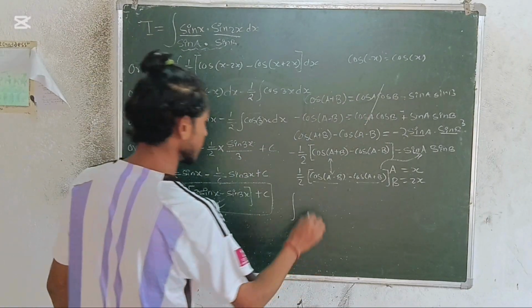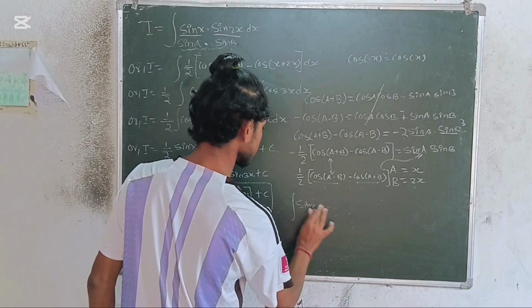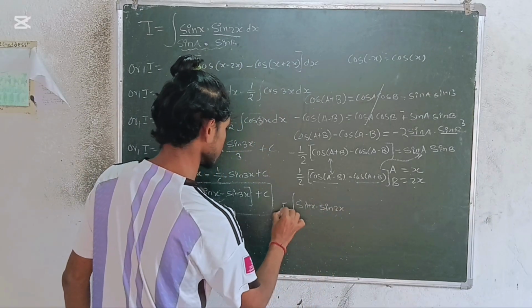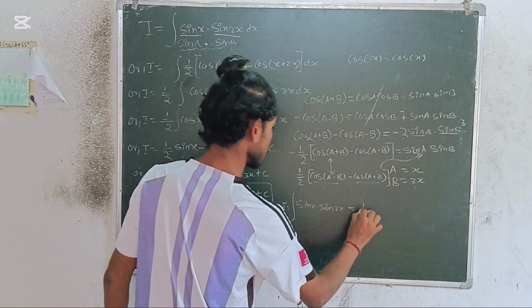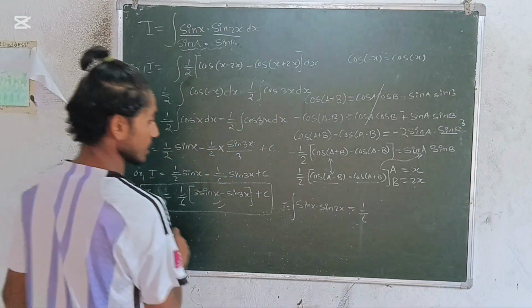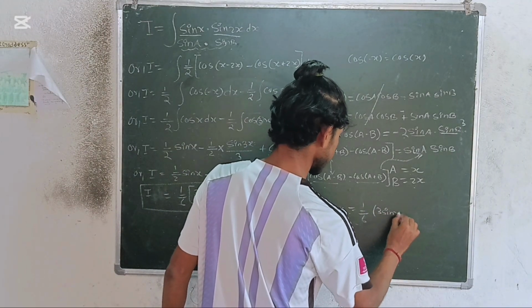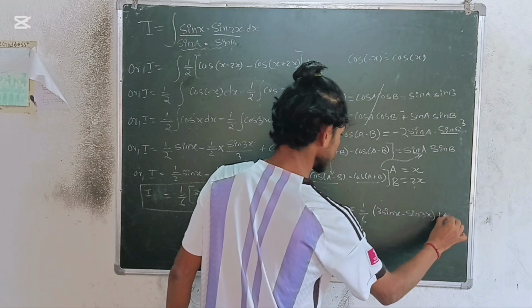So the integration of sine x into sine of 2x is 1 over 6 times 3 sine of x minus sine of 3x, with some constant c.